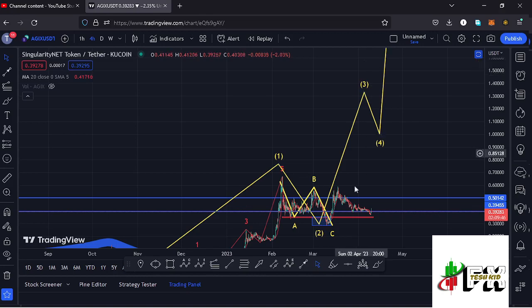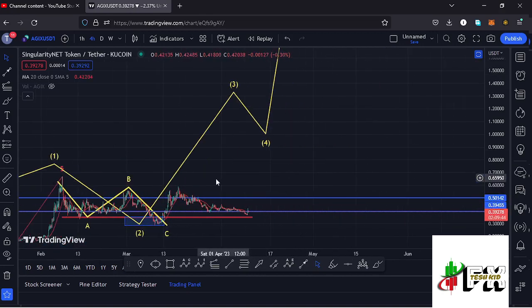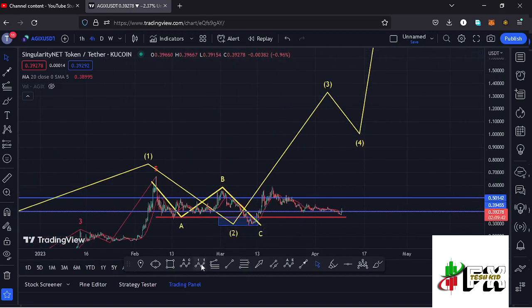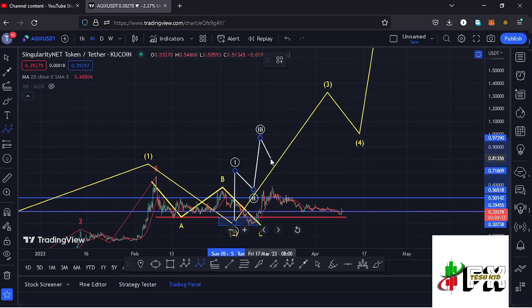Because of the impulsive nature in the formation of the wave 3, I'm also expecting to see a 5-wave structure in formation, having the wave 5 fully maximizing our target areas and also giving us the high for that wave 3 to the upper side.